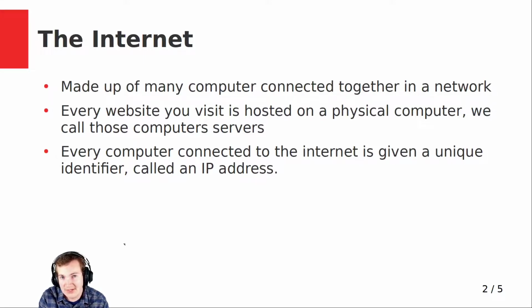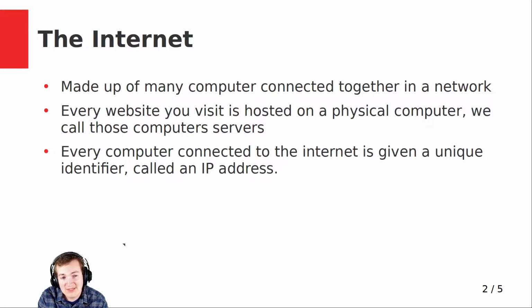So when you connect to Facebook or Google, understand that there is an actual physical computer. It's got all the same components that your computer does. It's just a whole lot more powerful. And there's probably a lot of them that are actually hosting that particular website. And without that computer, there's no website. So that's all the internet is.